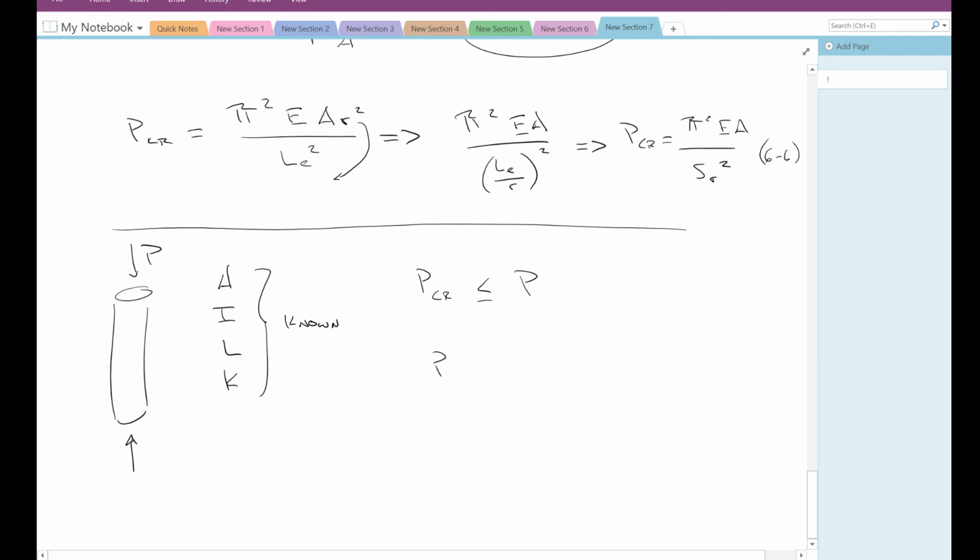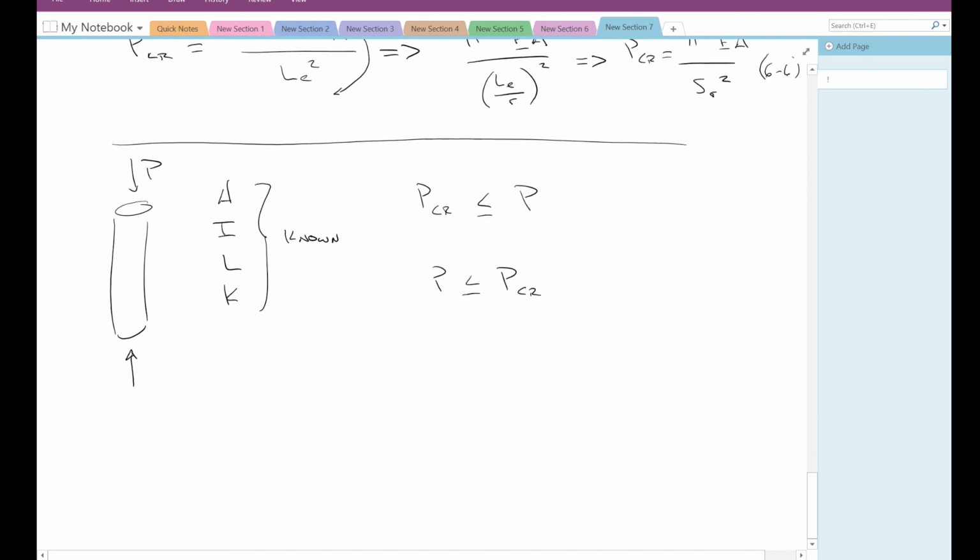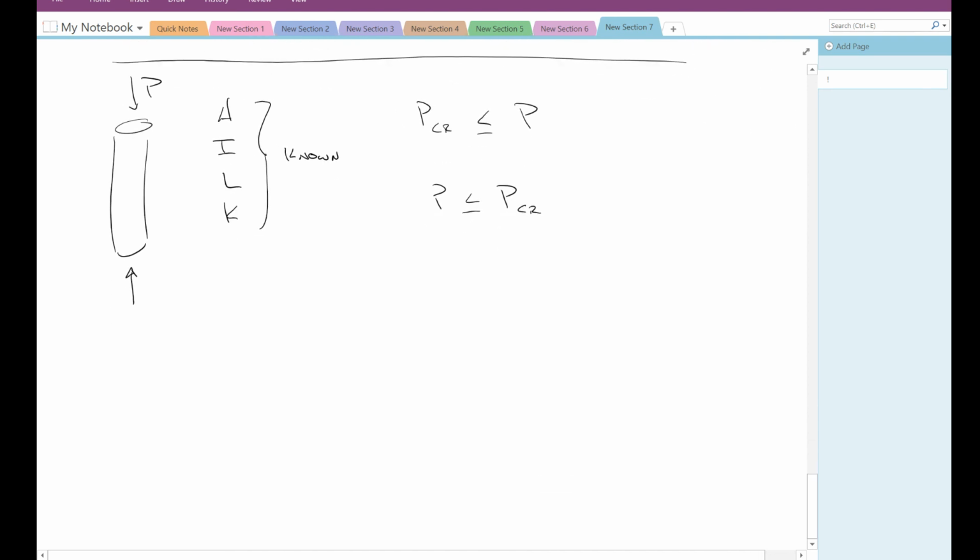We want our design load to be less than or equal to our critical load. So we'll put this in red and say not safe, and we'll go back and put this in maybe green and say safe. All right, so let's go back to black.